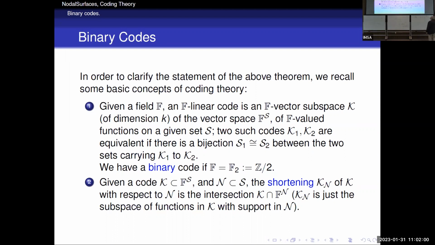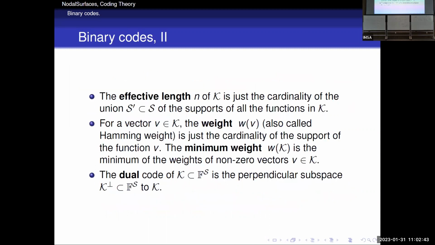So we have functions defined on a set S. Assume now that N is a subset of S. Then the shortening is nothing else than the functions in the code which have support on N. So this is a very easy linear algebra definition.